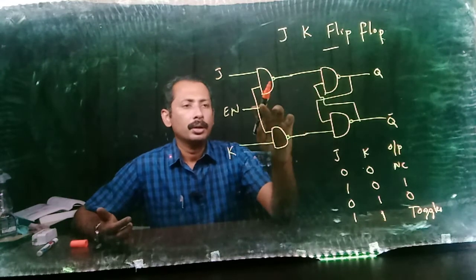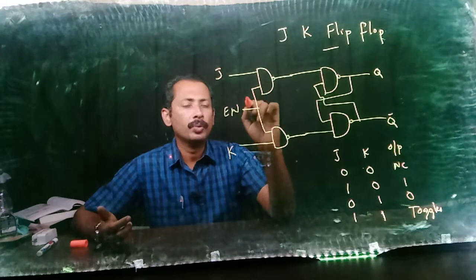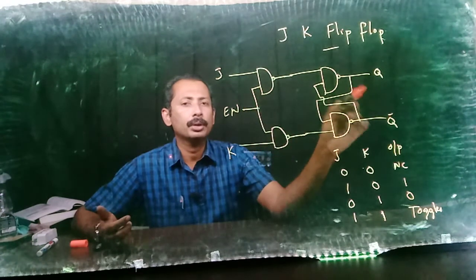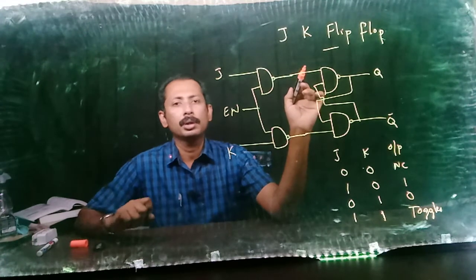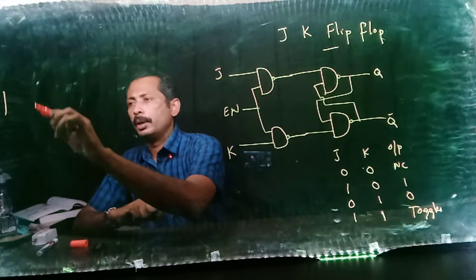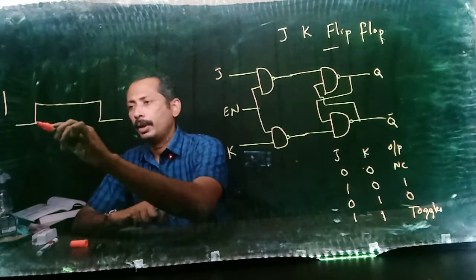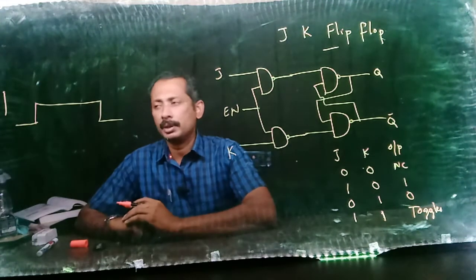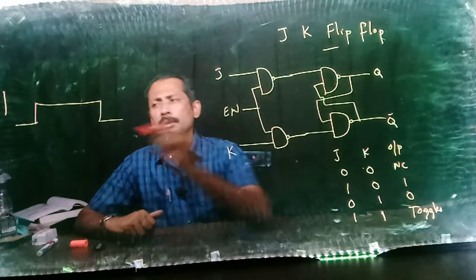Okay, so for each one, the output toggles. So assume that I am using a clock pulse like this, and the response time of the circuit is this much.